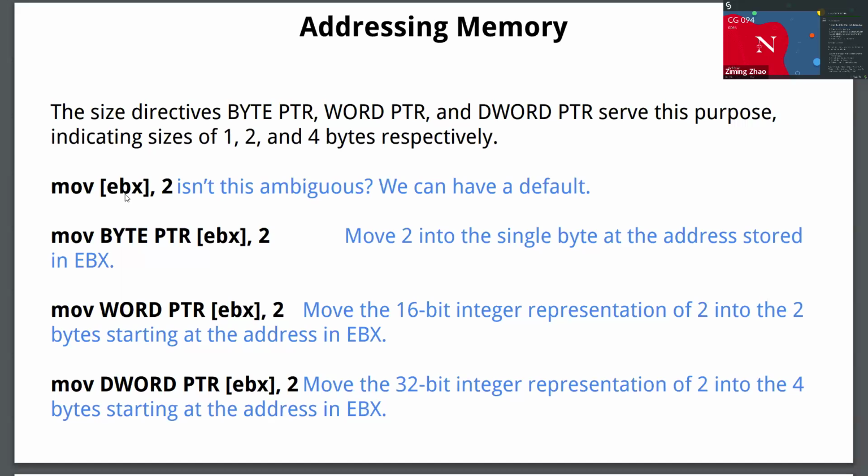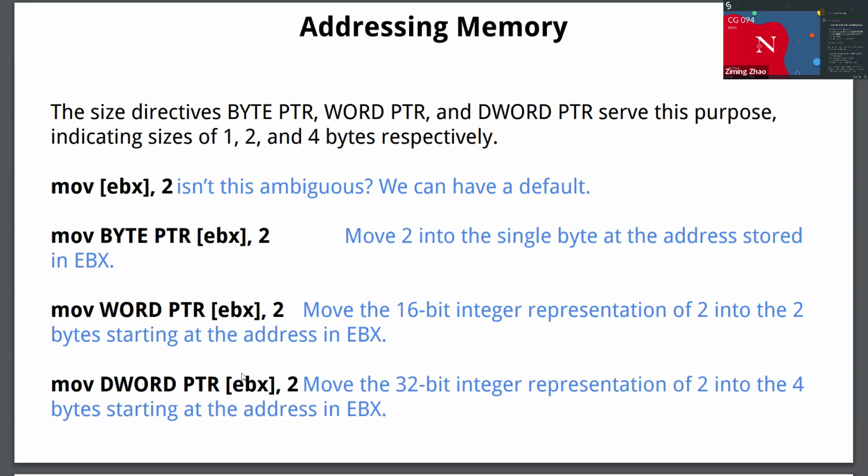A valid instruction looks something like this. If we're only moving 1 byte to that memory location starting at EBX, then we have a byte ptr in this syntax. We're telling the CPU we're only moving 1 byte. If we're moving 2 bytes, there will be a word ptr. If there's a dword ptr, then you know we're actually moving 4 bytes.